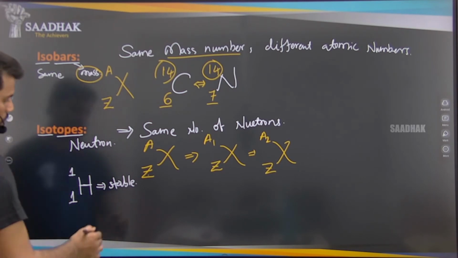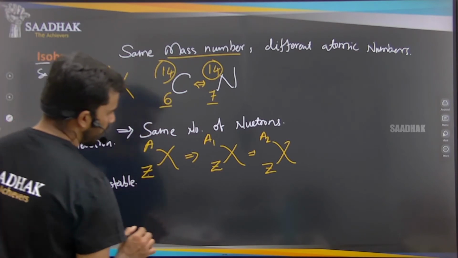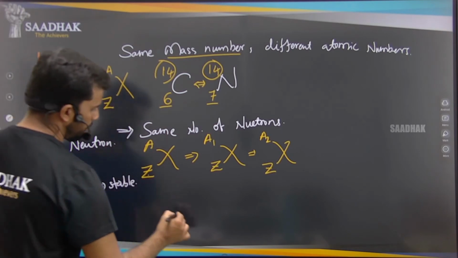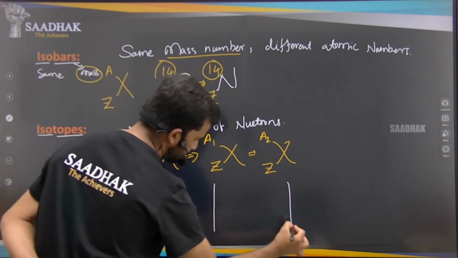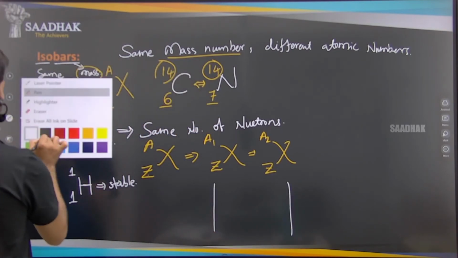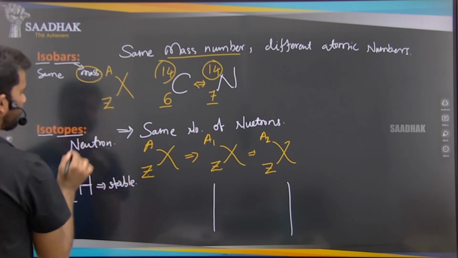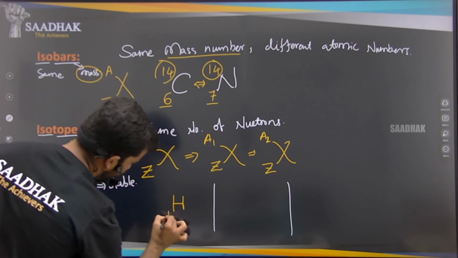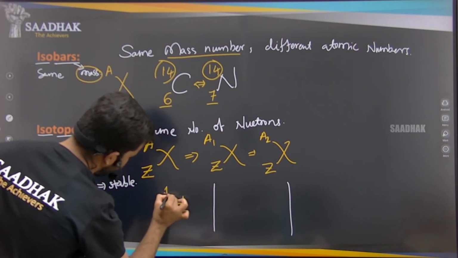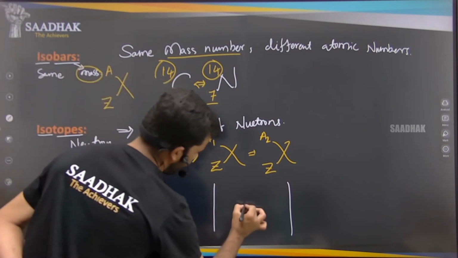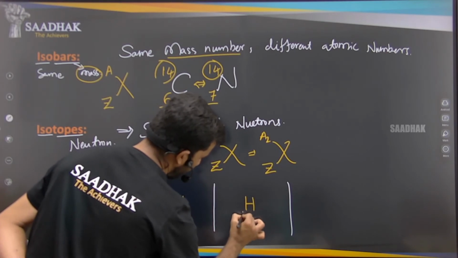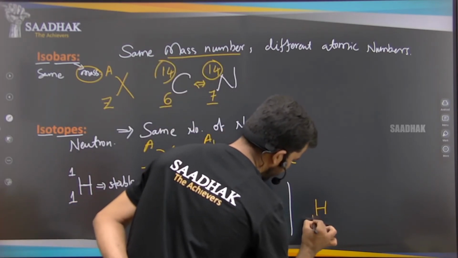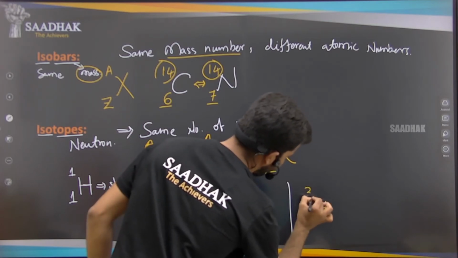Hydrogen has 3 isotopes, or is available in 3 different forms. The first one is hydrogen 1 and 1, another is hydrogen 1 and 2, another is hydrogen 1 and 3.